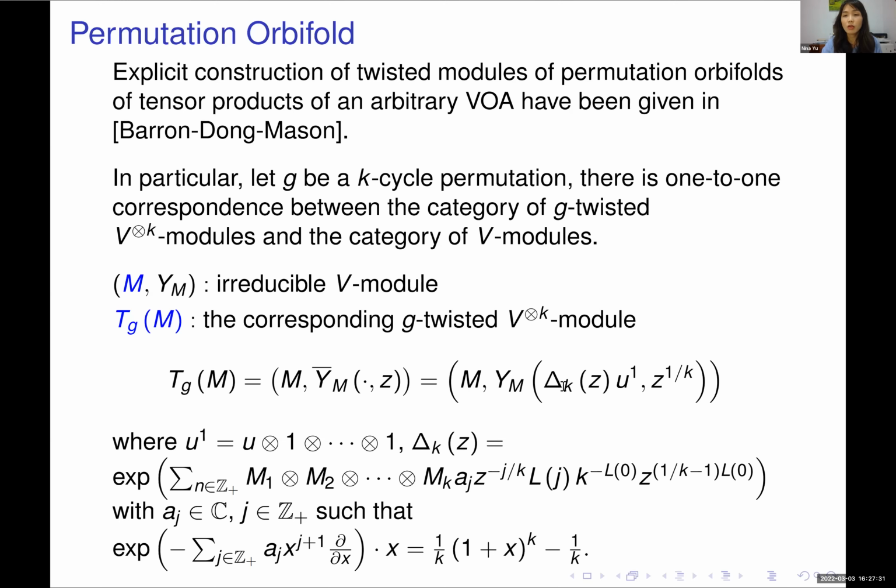There is a delta operator involved, satisfying the conditions here. This is the G-twisted module for the tensor product VOA. And conversely, if you are given a G-twisted module for a tensor product VOA, one can also construct an irreducible V module. So there's a one-to-one correspondence here. The construction of a twisted module is very clear.